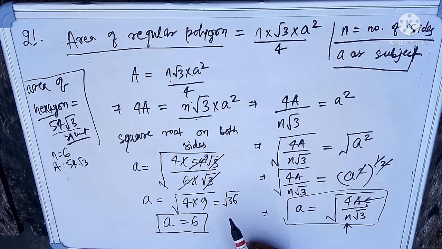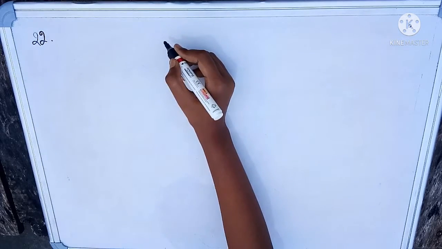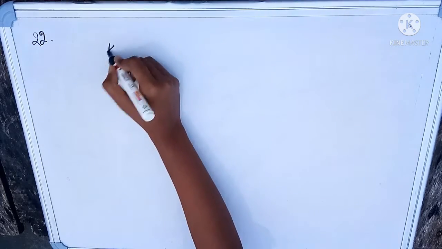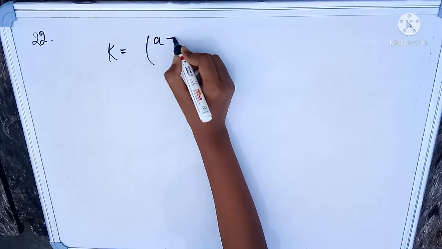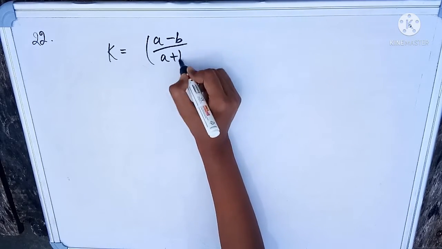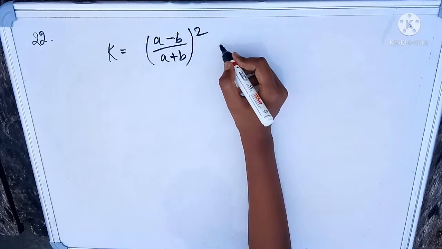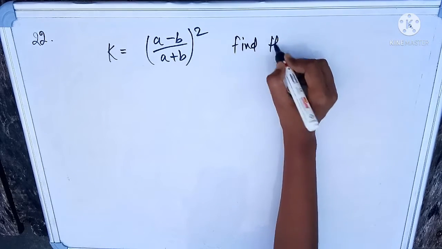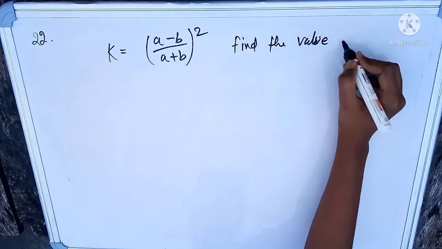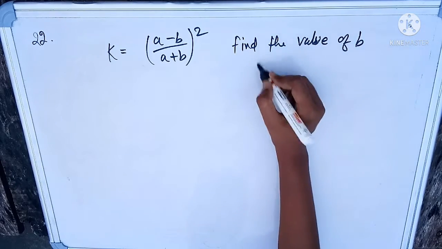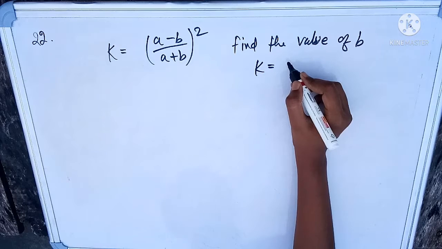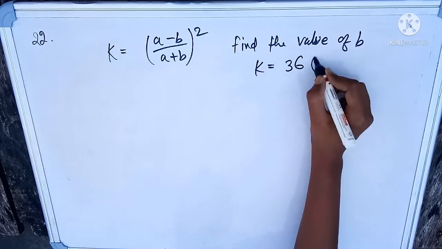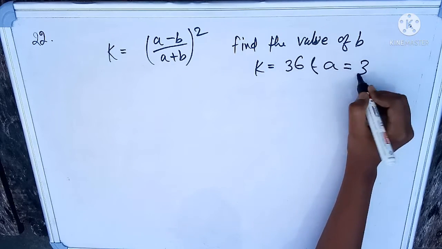Moving on to the next question, question number 22. It says that we have one formula given here, which is k equal to (a minus b divided by a plus b) whole square, and we have to find the value of b. The value of k given here is 36 and a is 3.